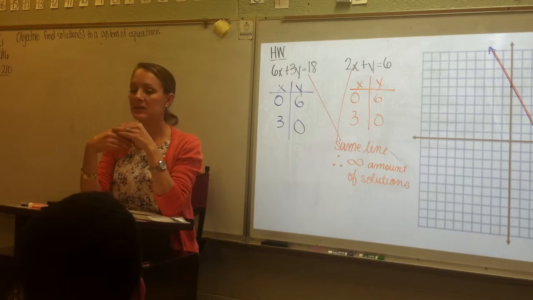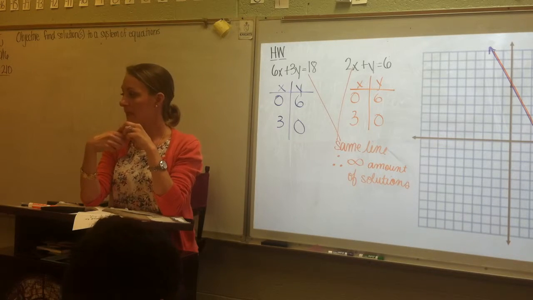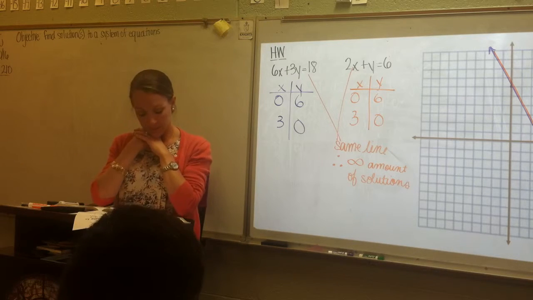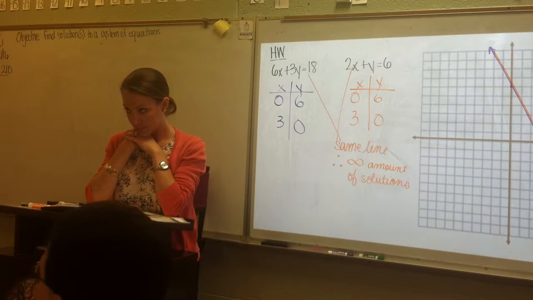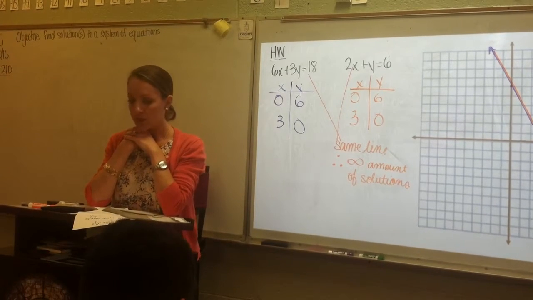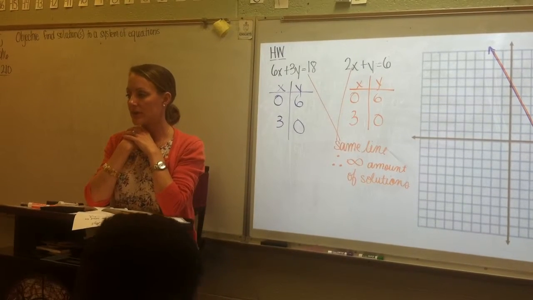In your book, I need you to open up to page 326. First of all, you're just going to draw in your y-axis and your x-axis to make your origin, okay?